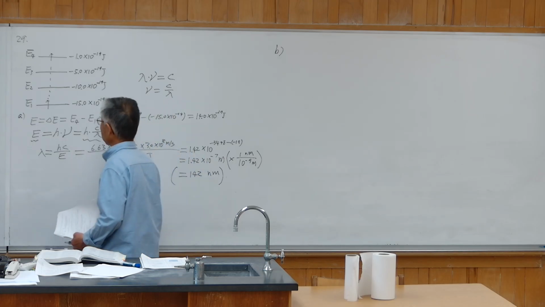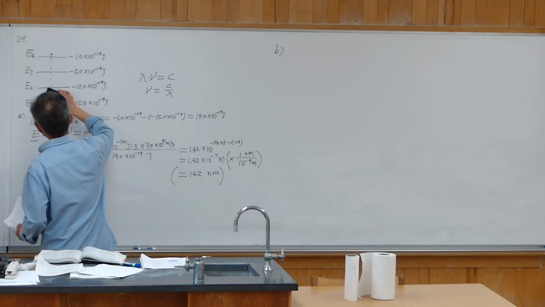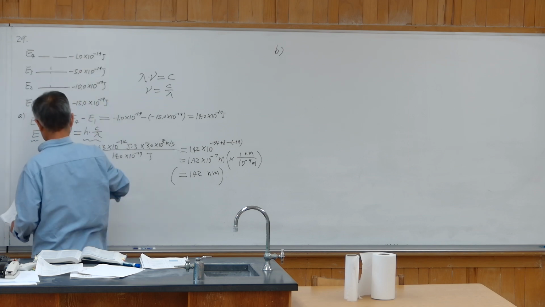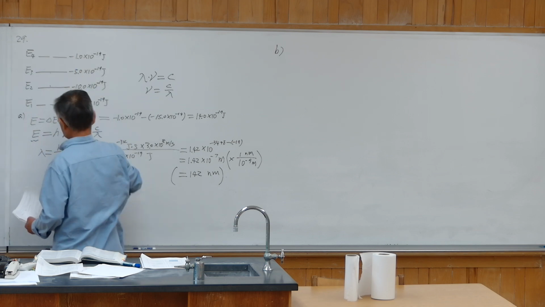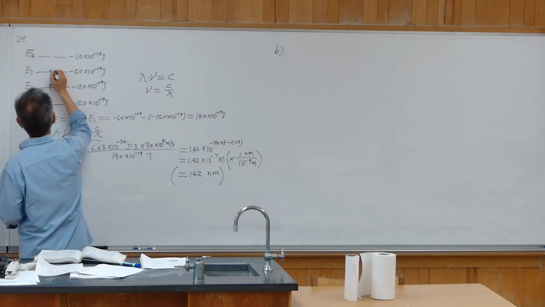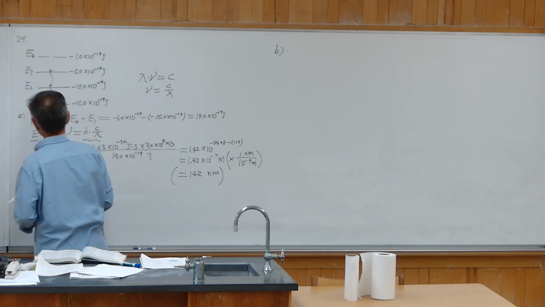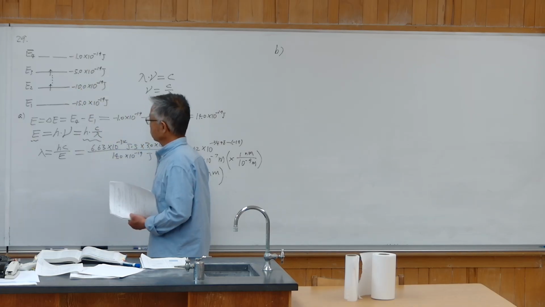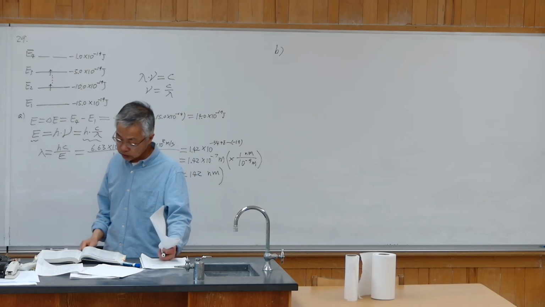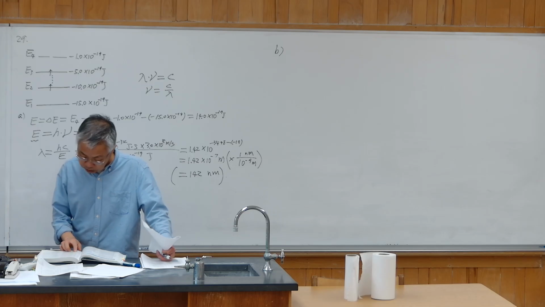So this time, the electron goes from E2 to E3. So shoot a light on it, excite the electron from E2 to E3. How much energy is needed?